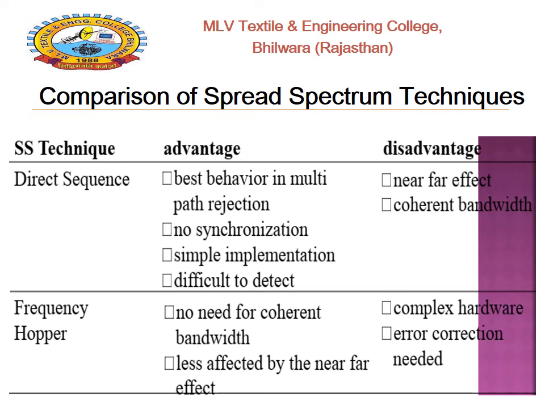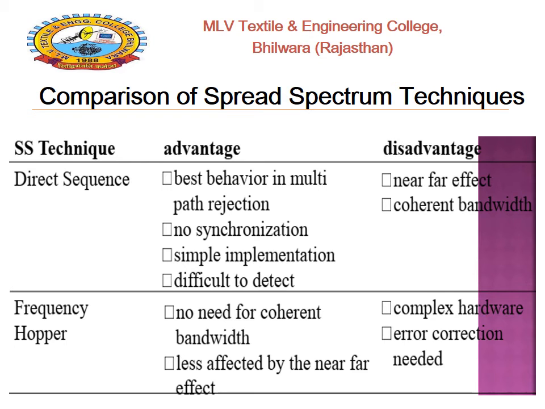Next, the PPT represents the comparison of the spread spectrum techniques. Here are the two types of spread spectrum techniques, direct sequence and frequency hopper. Advantages of direct sequence are the best behavior in multipath rejection, no synchronization, simple implementation, and difficult to detect.